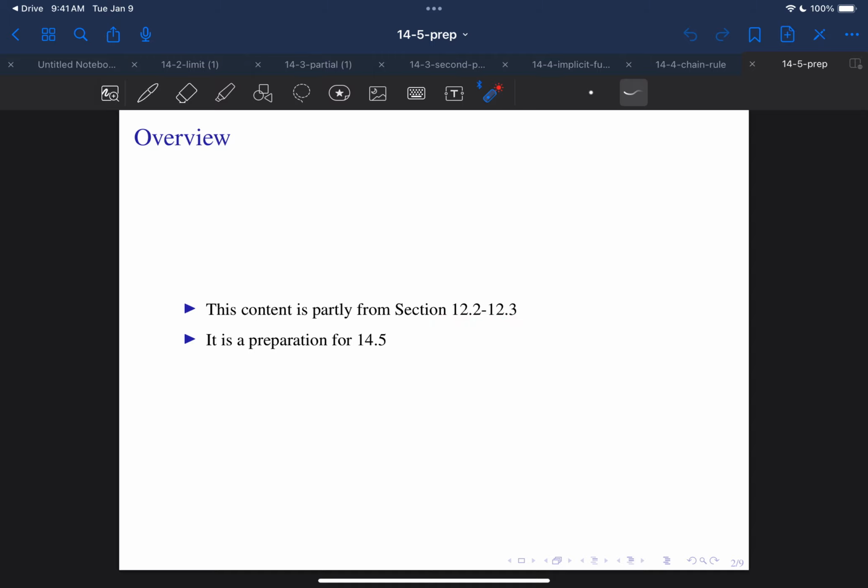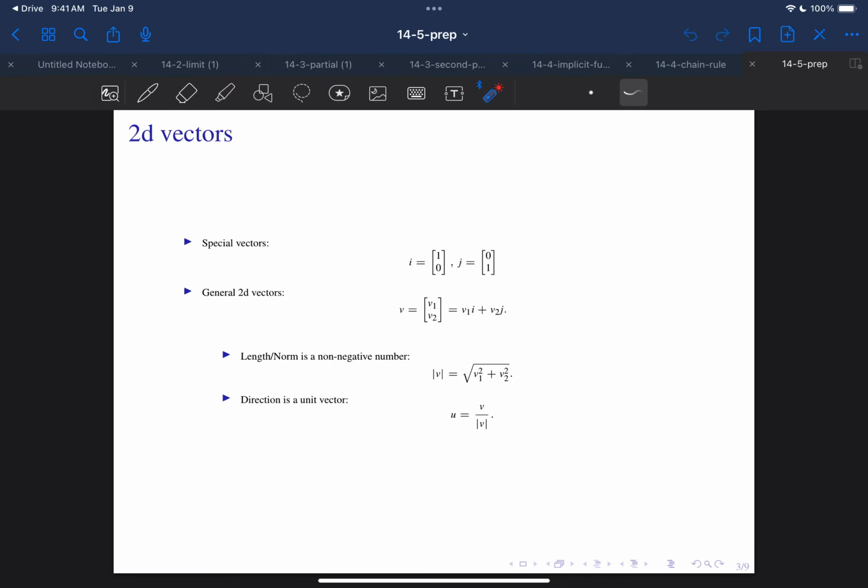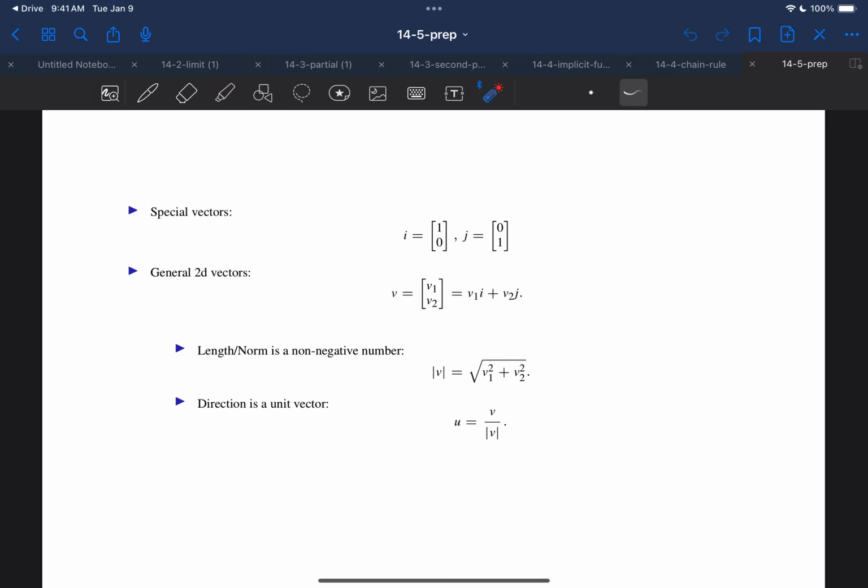Alright, so we first talk about 2D vectors. Usually 2D vectors are given by two numbers, v1, v2, and the most important special 2D vectors are (1, 0) and (0, 1).